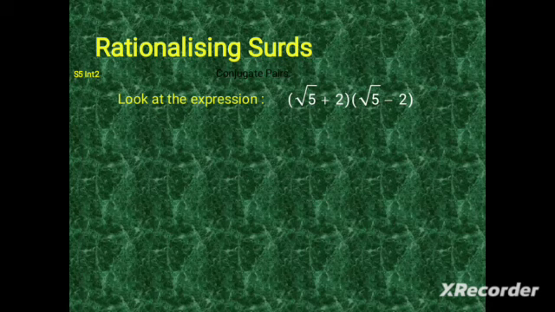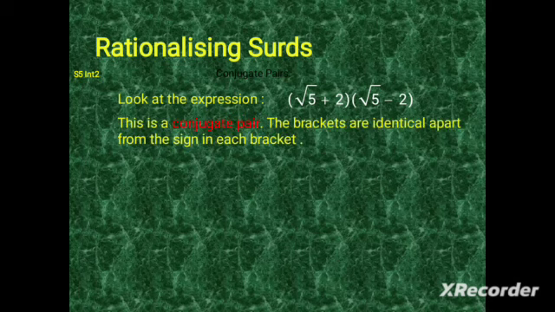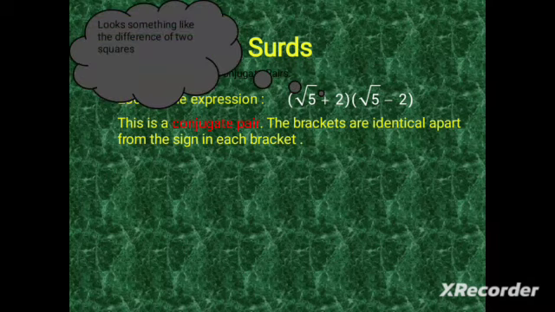The expression here is root 5 plus 2, then root 5 minus 2. So, these are conjugate pairs, of course. The brackets are identical apart from the sign in each bracket. And now it looks like a difference of two squares.